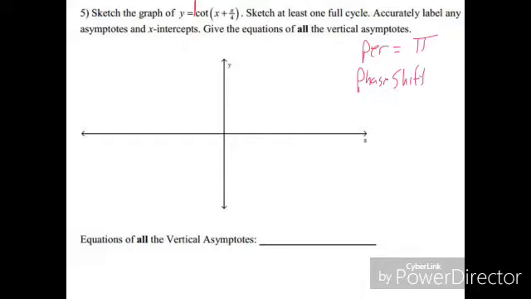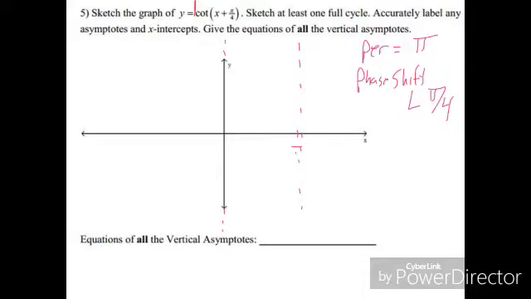And we have the phase shift. That would be left pi fourths. You'd be asking yourself, what makes that 0? Okay, so in red I'm going to do the unshifted one. Normally, the cotangent starts on an amplitude, and then after a period of pi, it has an amplitude again.